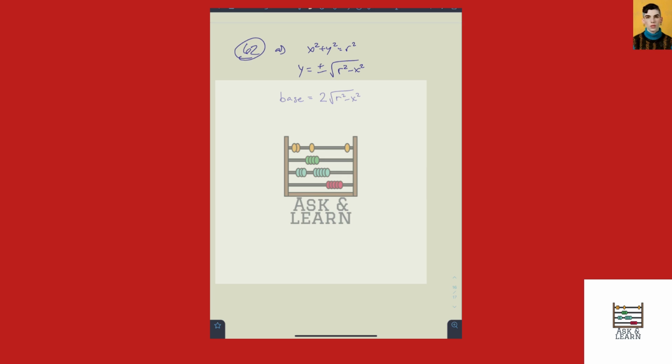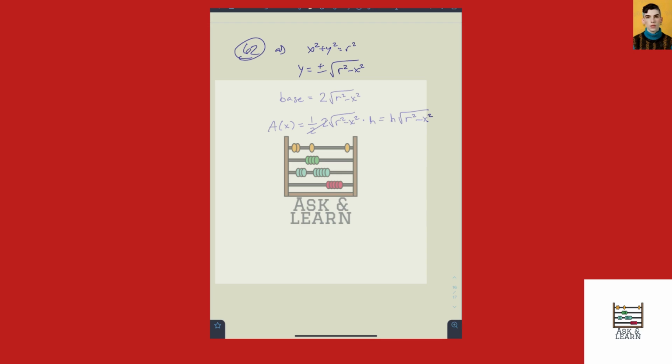Then the height is the same for every triangle, so the area of one cross section is going to be A of x equal to 1/2 our base, which is 2 root r squared minus x squared, times our height, h, because the 2's will cancel, so just h times the square root of r squared minus x squared.